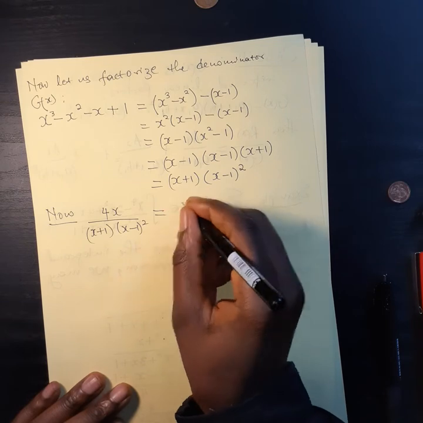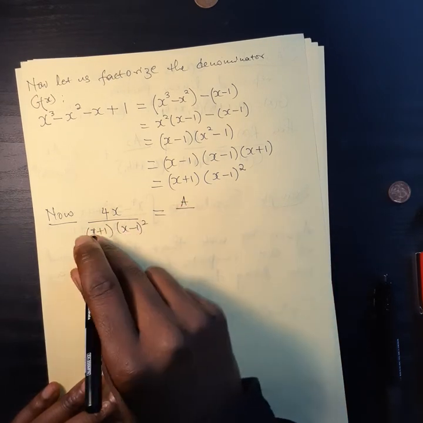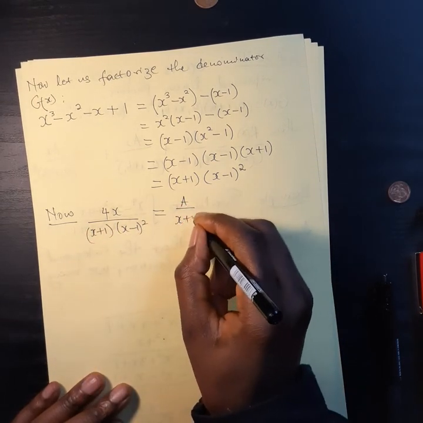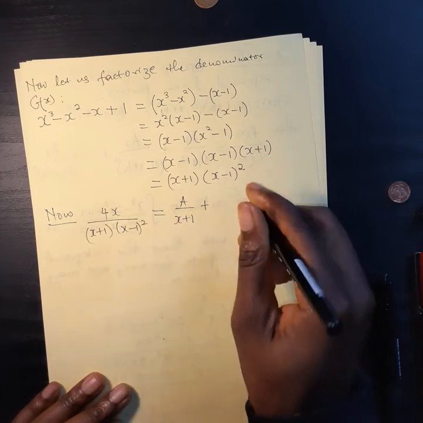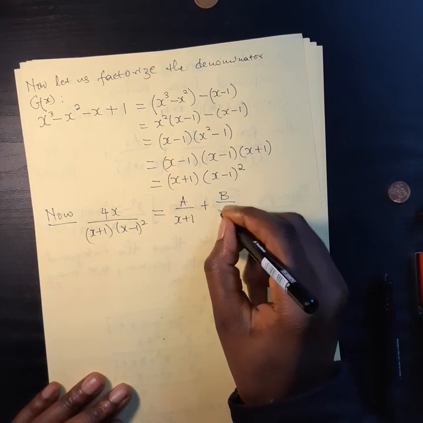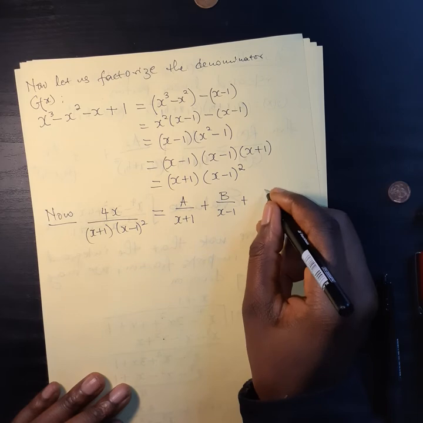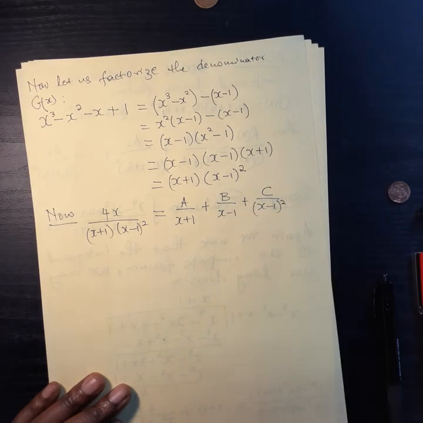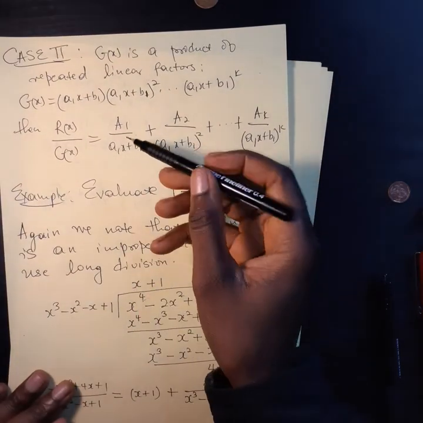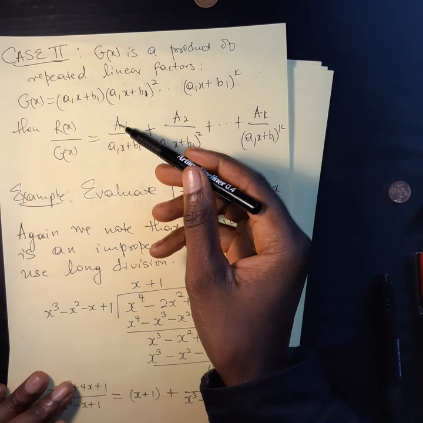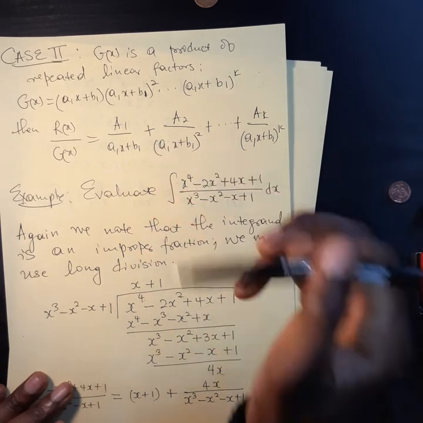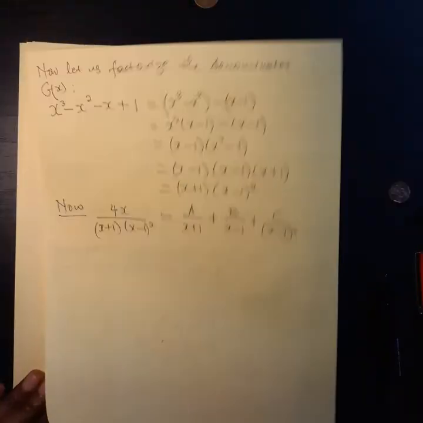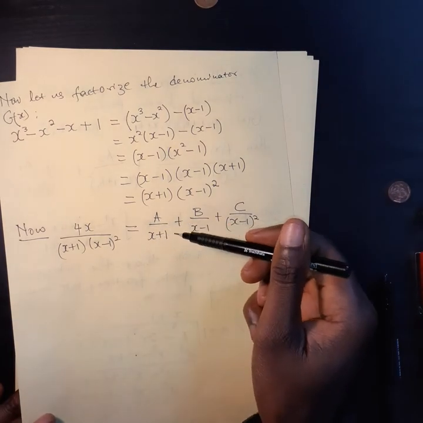So we end up with a over the first one, which is x plus 1, plus b over x minus 1, plus c over x minus 1 all squared. That's how we do it. So we have a over x plus 1.